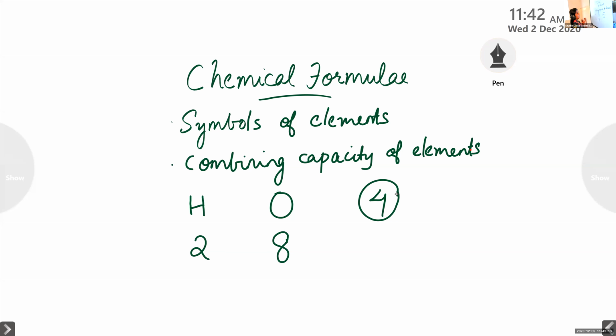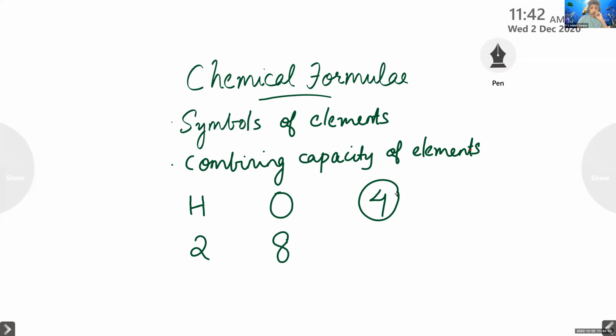How can we represent this in the form of a formula? Using the symbols O and H for octopus and human beings. 4 H is needed for 1 O. 4 human beings are needed for 1 octopus. HO4 or OH4?